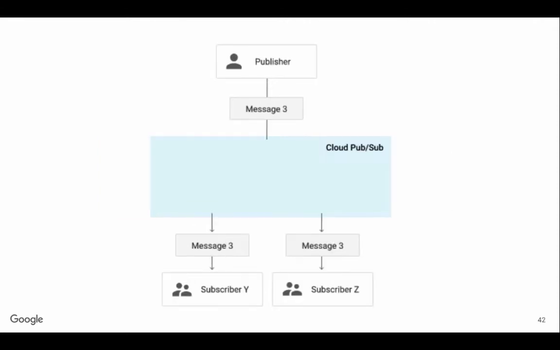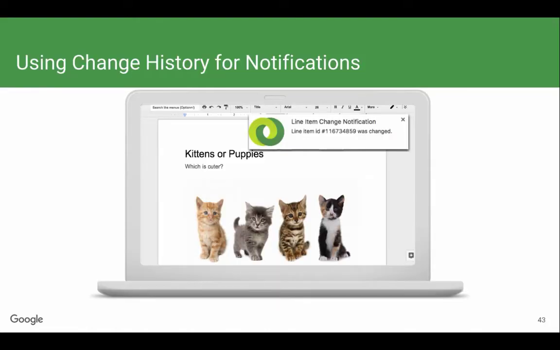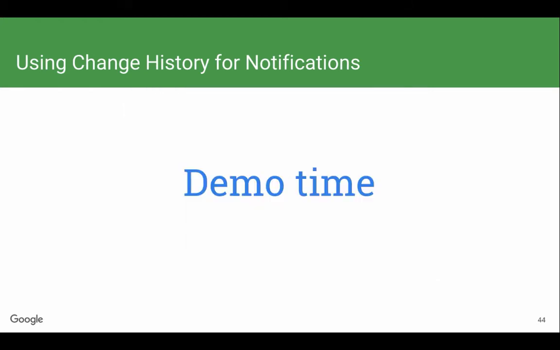The other advantage is you can have multiple subscribers, so your publisher can publish one message and have multiple subscribers receive it. When my Chrome extension receives a message, it will turn it into a desktop notification. So that's the long and short of how it works, and now I will show it off in a quick demo.